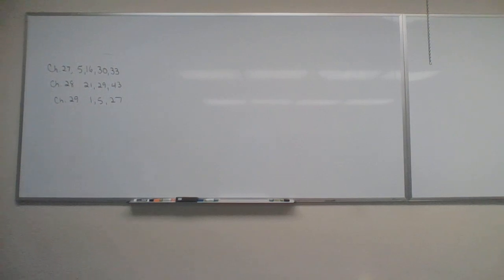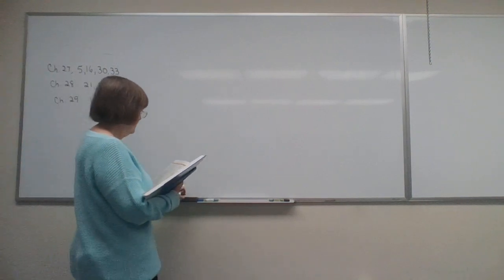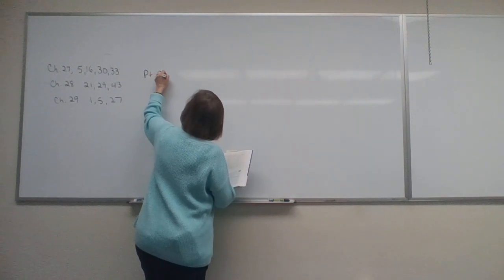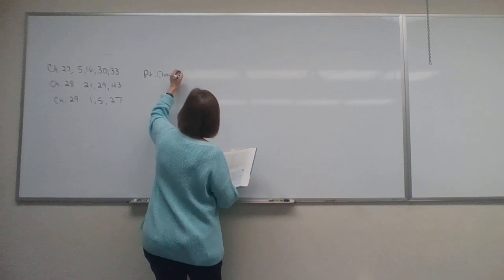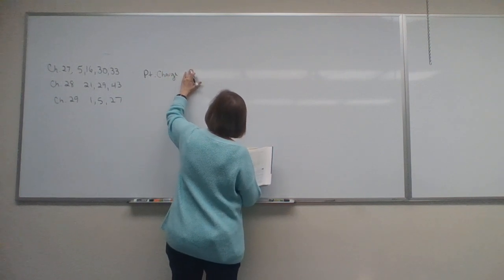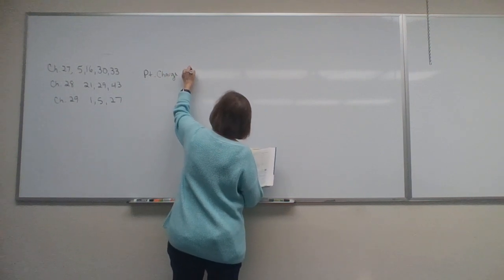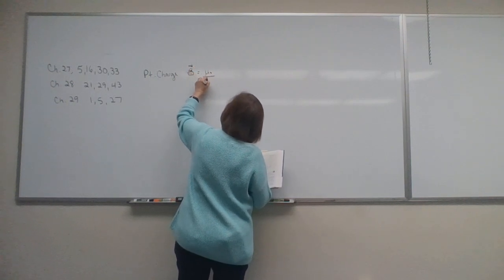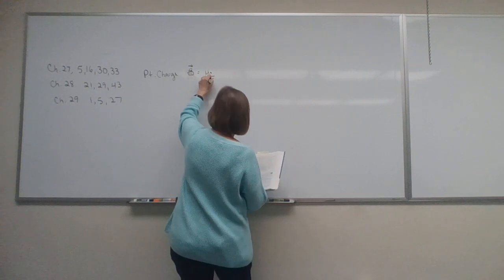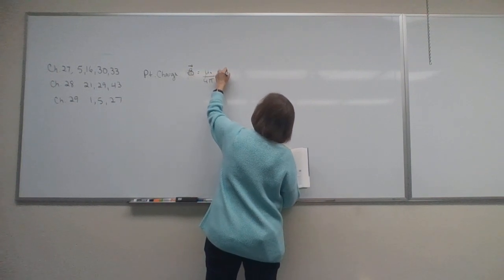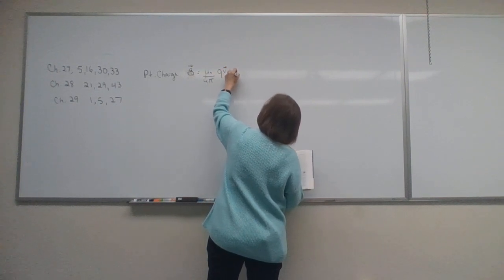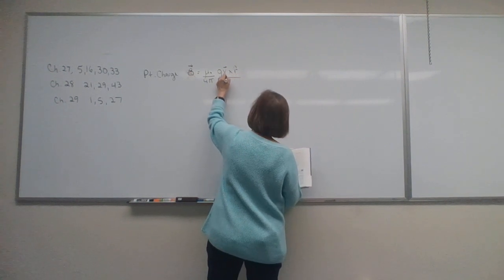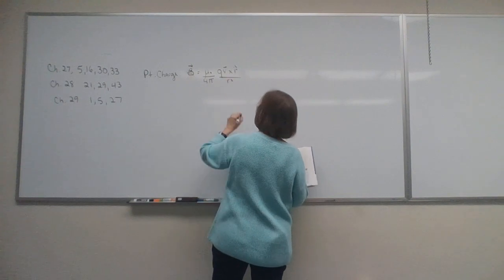If we had a moving point charge, for a point charge, the magnetic field was mu naught over 4 pi, and then qv cross r hat, where r hat is just a little unit vector, over r squared.